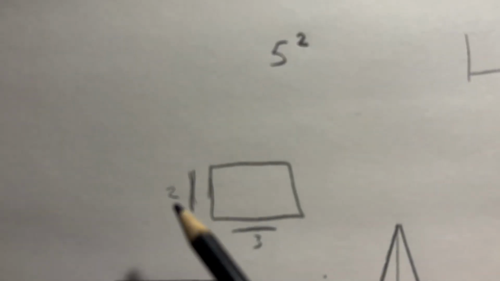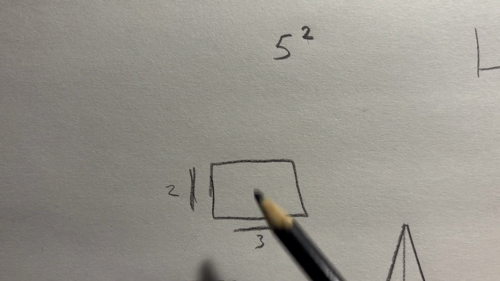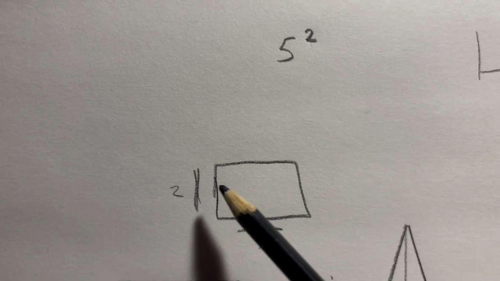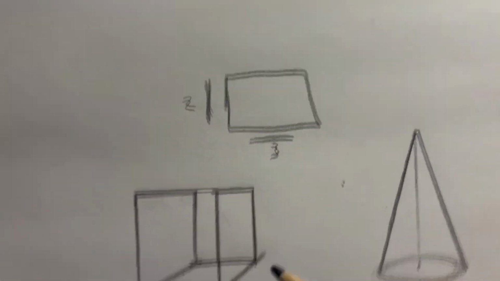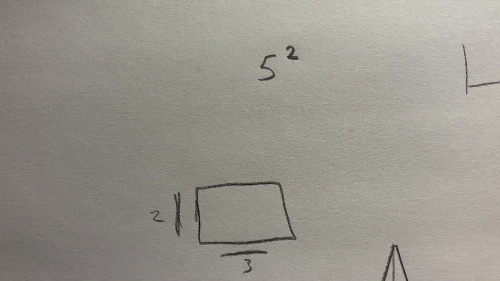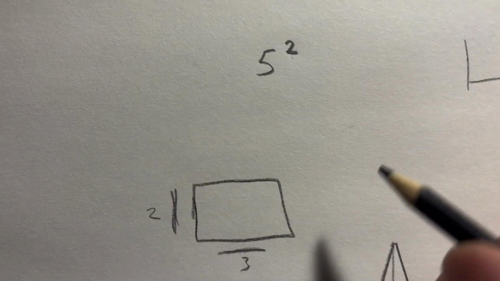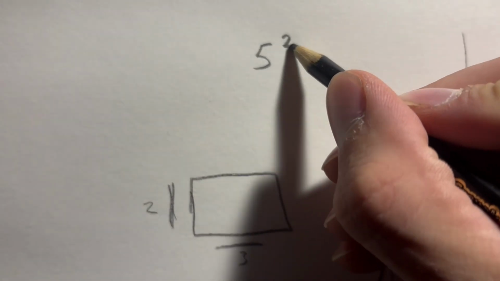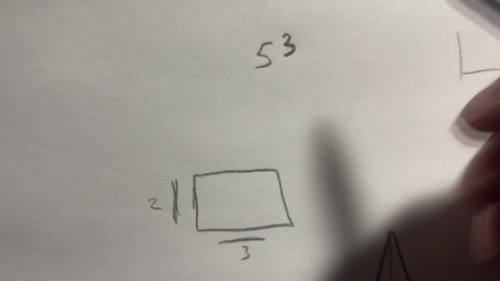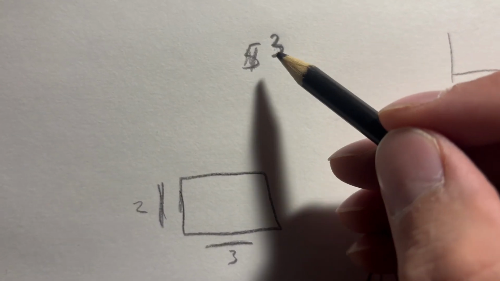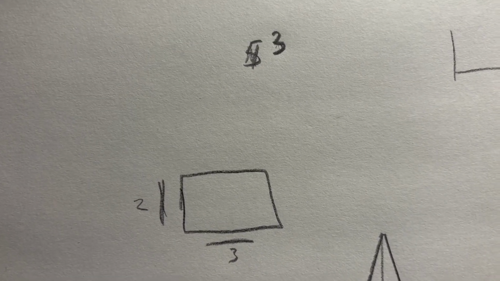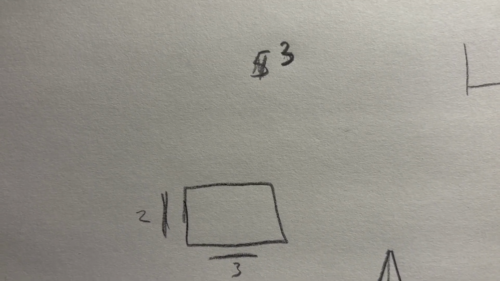So this would be 2 times 3, and it's squared because it's only 2 dimensions. But if it's a 3-dimensional object, there would be 3, since you're dealing with 3 dimensions. This would be a different answer. It's called cubed when there are 3 dimensions you're working with.